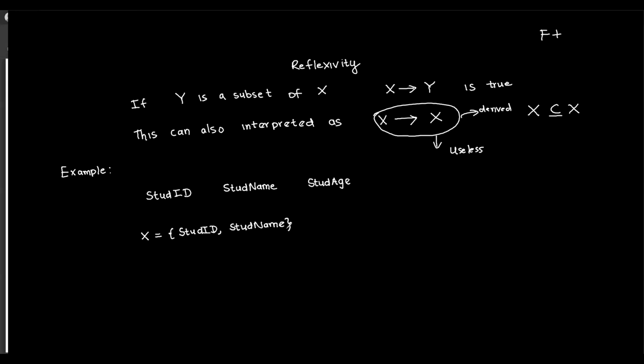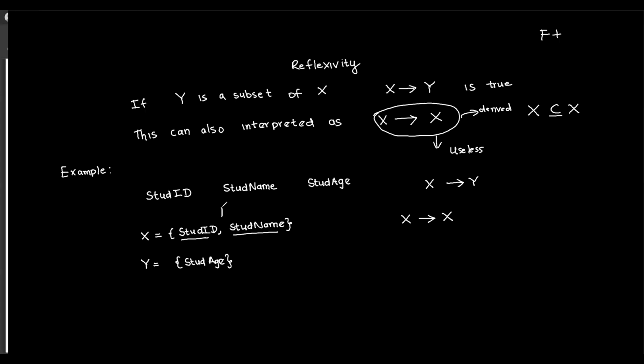And they are saying y is equal to stud age. And they are giving you x functionally determines y. Well, from this, I can actually say by using reflexivity, x functionally determines x. Therefore, I can say stud ID, stud name functionally determines stud ID, stud name.